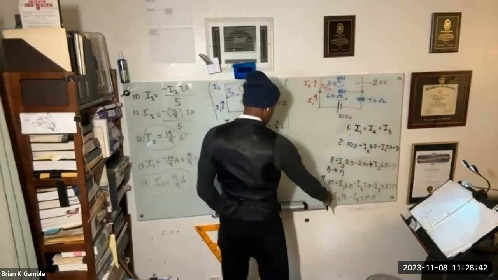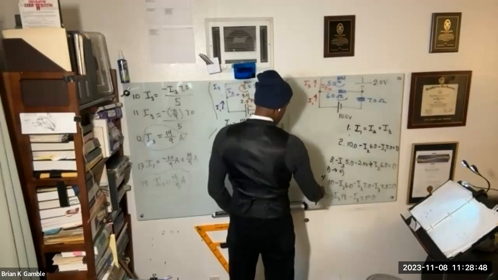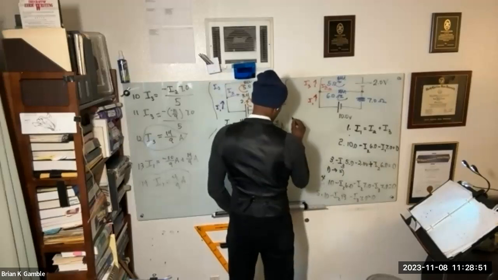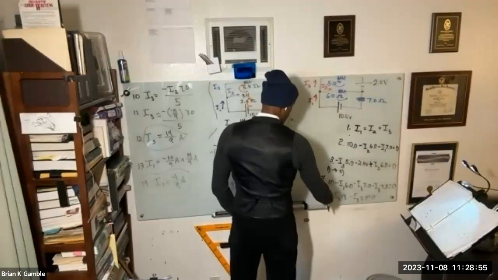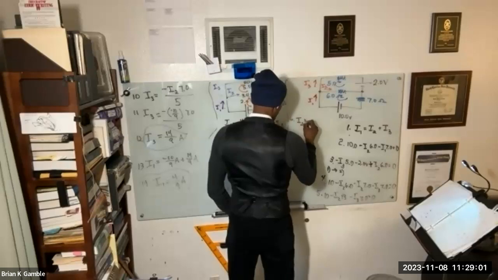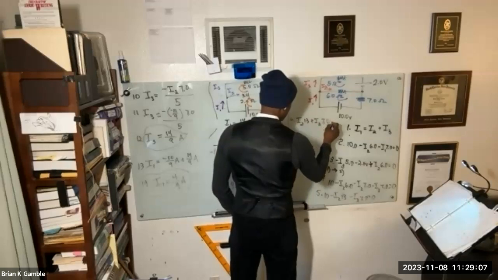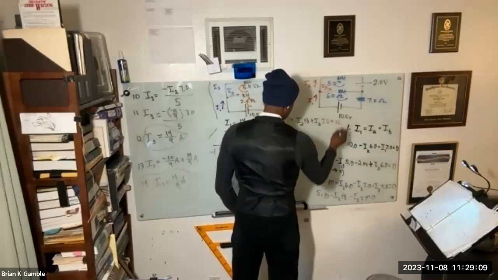So this equation will become, if I take the 10 over and multiply through by a minus sign, I have I2 times 13, plus I3 times 7 equals 10.